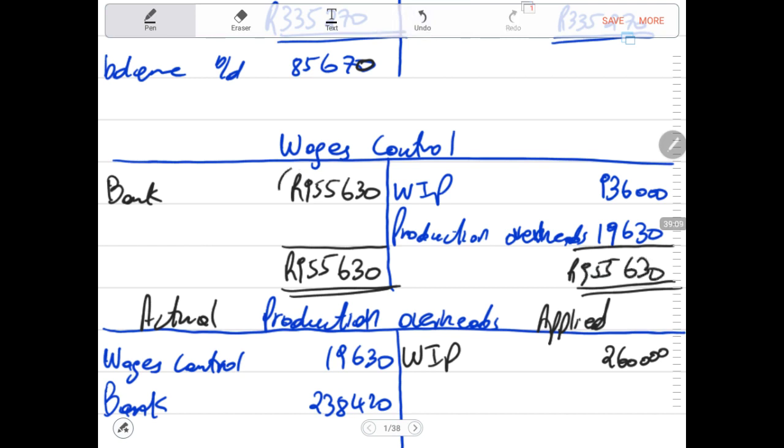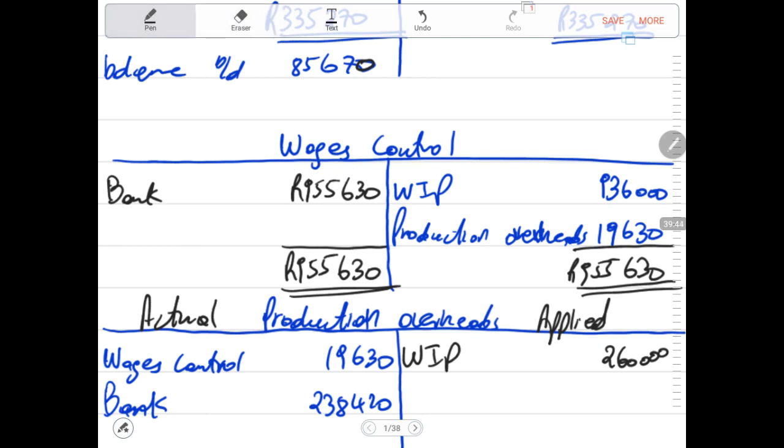Remember, if this amount was not yet paid in this period, or it was just incurred and paid later on, then we need to say here wages payable. Remember, wages payable is accrued wages, meaning a liability, an expense not yet paid. Therefore, we'll have to open a ledger account for wages payable, where this amount will be recorded on the credit side, increasing the liability, indicating that these wages were not yet paid.